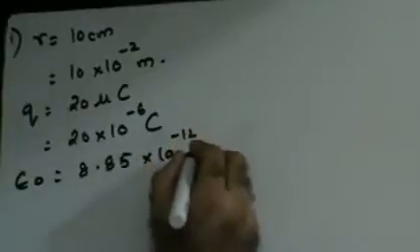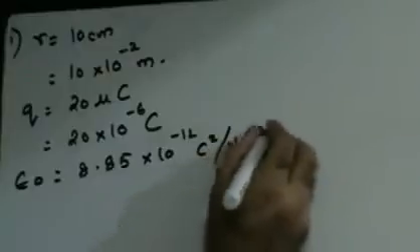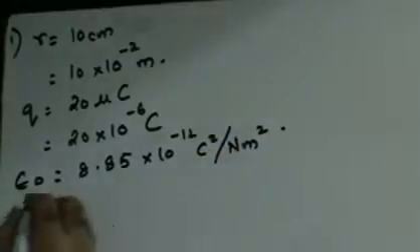Determine the outward pull on the plate, if epsilon 0 is 8.85 into 10 raised to minus 12 coulomb square per Newton meter square, and K is 1.